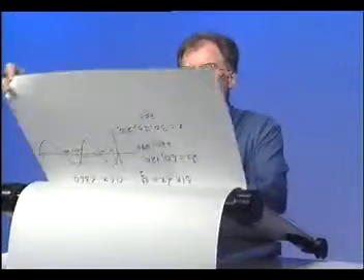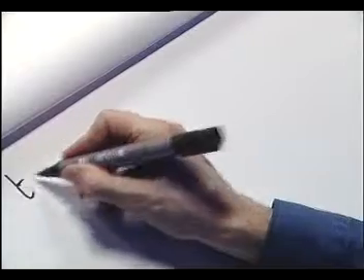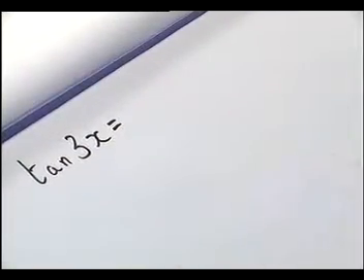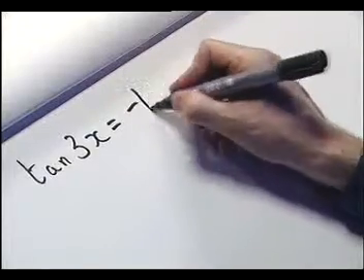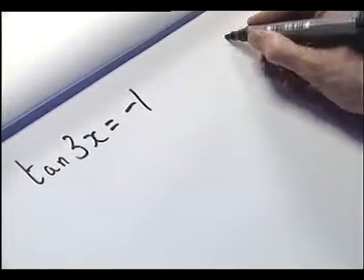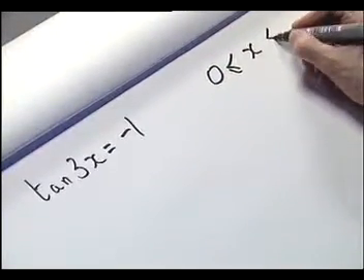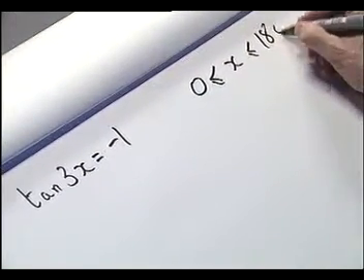Let's have a look at that with a tangent function this time. Tan of 3x is equal to minus 1. And we'll take x to be between 0 and 180.